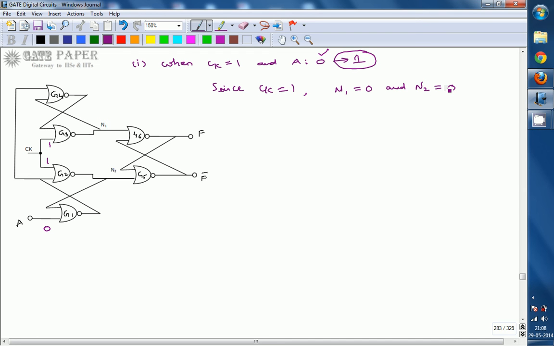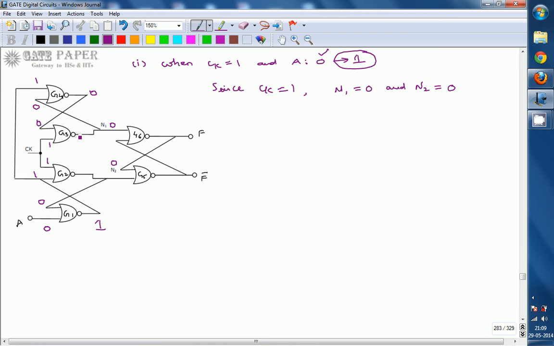With N2 equal to 0, a 0 appears over here. That implies the output of G1 will be 1, since both inputs of G1 are zeros, and that 1 connects over here. 1 plus 0, 1 bar, is 0, so you will get 0 over here.